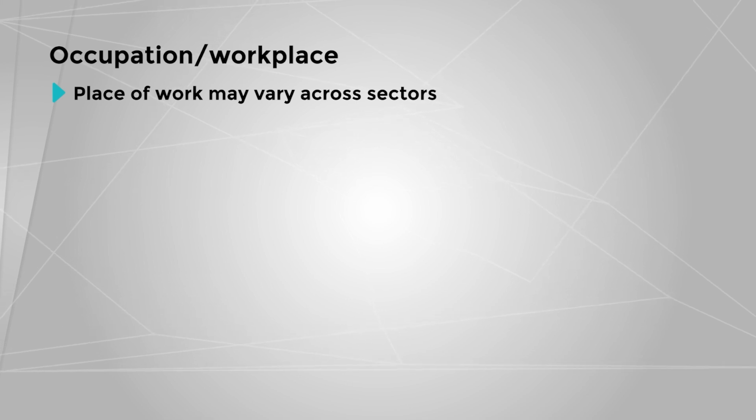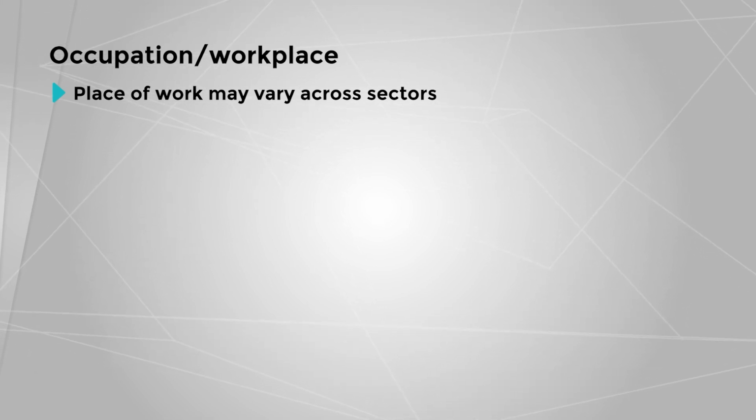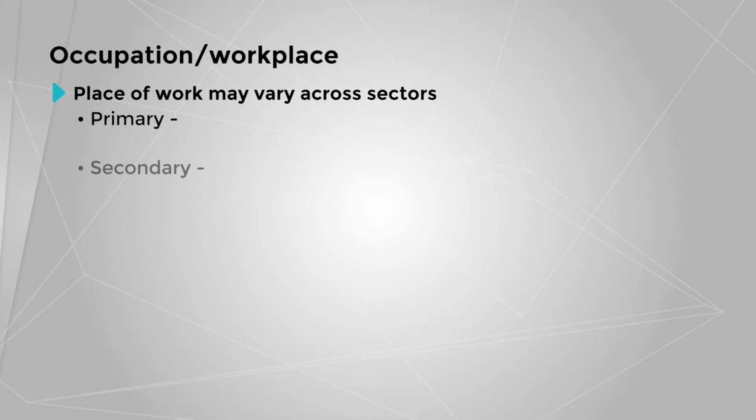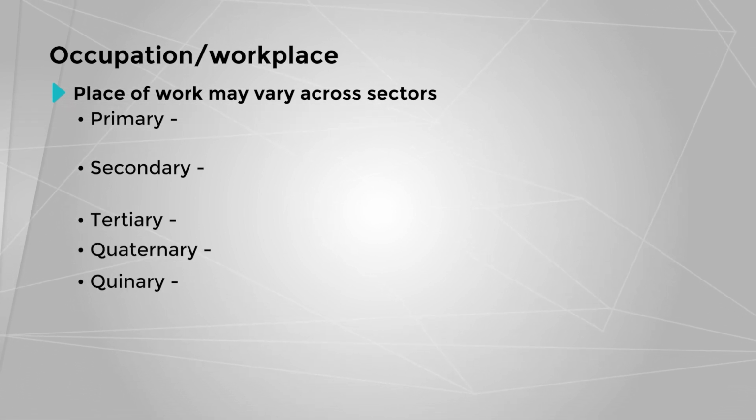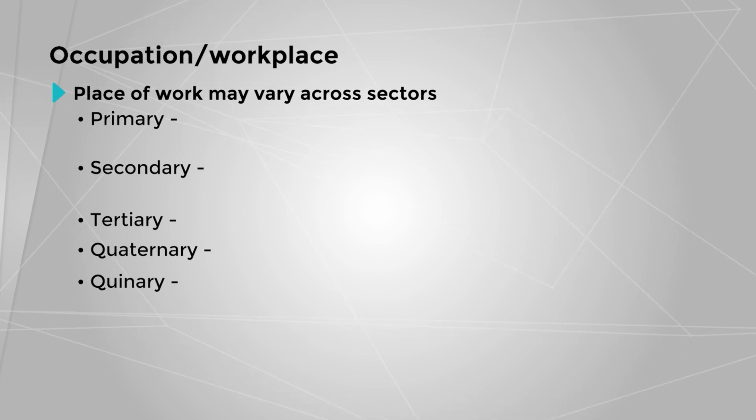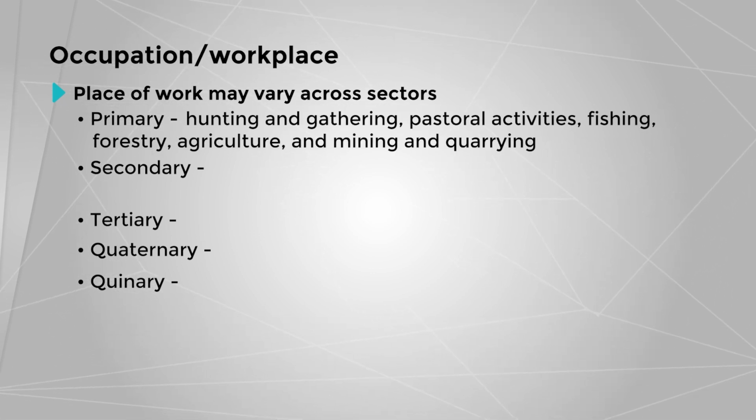Place of work may vary across sectors including primary, secondary, tertiary, quaternary, and quinary. Populations engaged in primary activities are directly dependent on natural resources for livelihood. This includes hunting, gathering, pastoral activities, fishing, forestry, and mining, also quarrying.